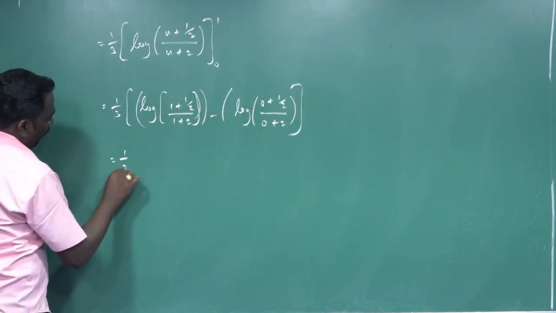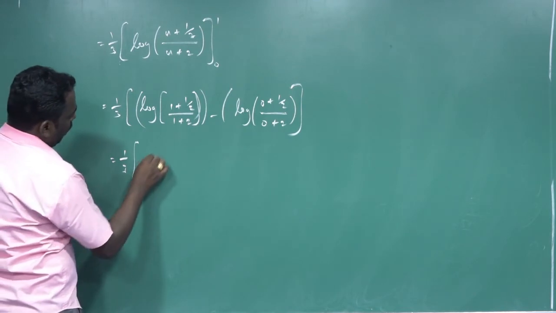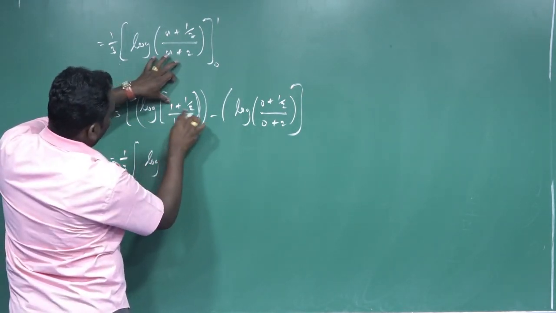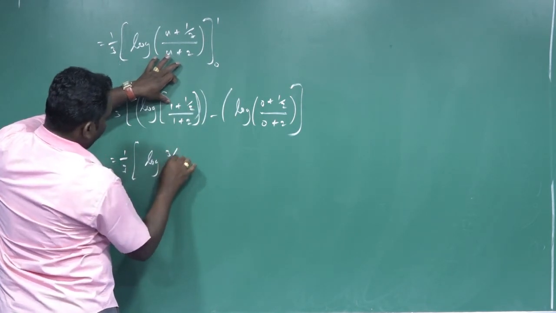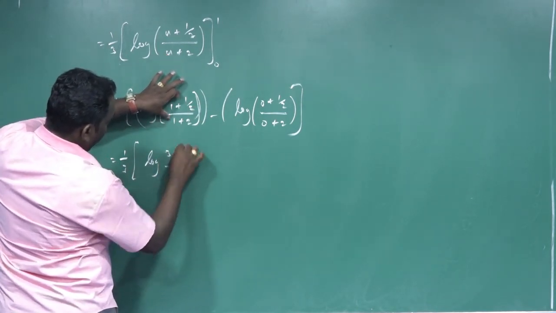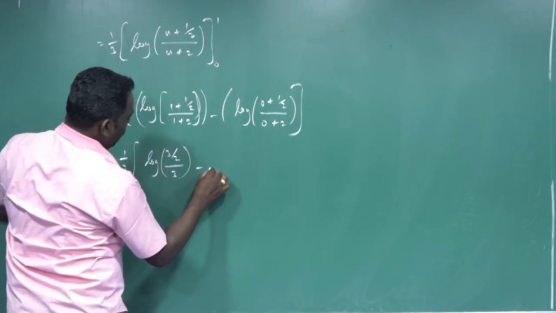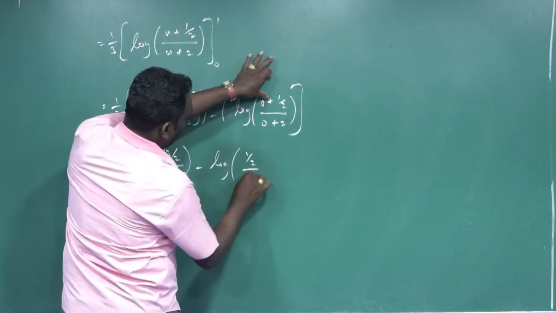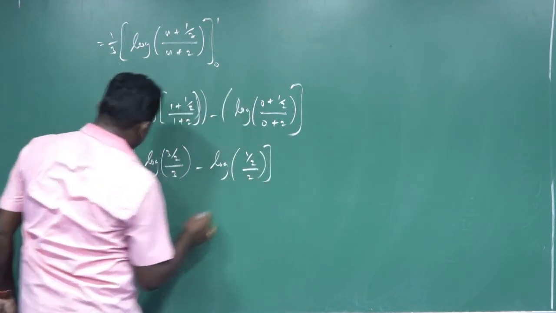That is equal to 1 by 3 within the bracket, log of, and take the common denominator, it is 3 by, now 2 plus 1 is called 3 by 2, minus log of within the bracket 1 by 2.